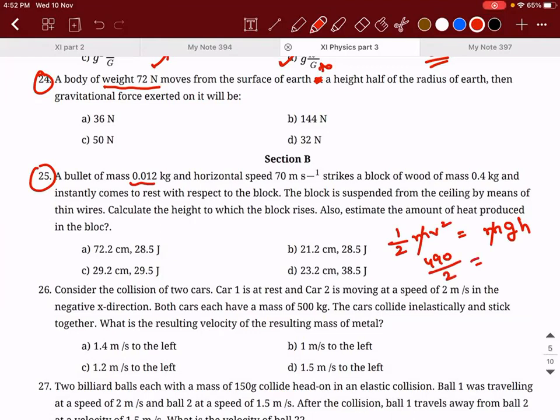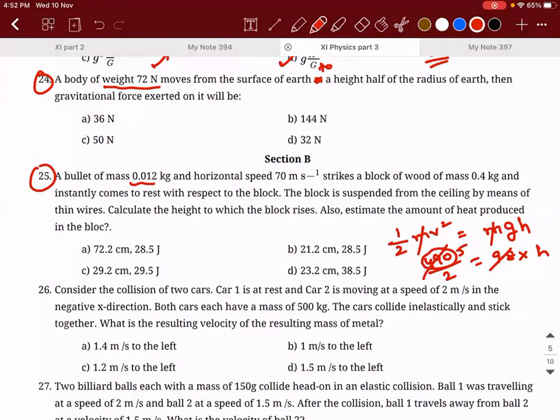So g is how much? 9.8 times height. That is what we need to find. 9.8 into 5 is 49, so 2.5 is the answer.